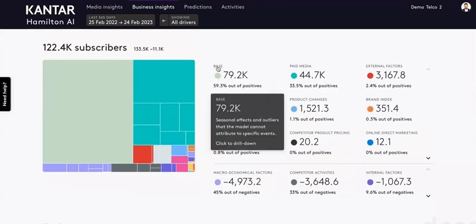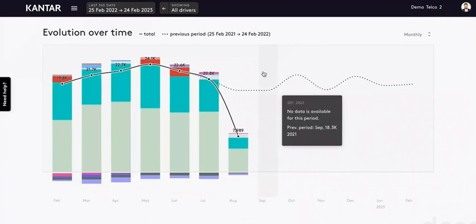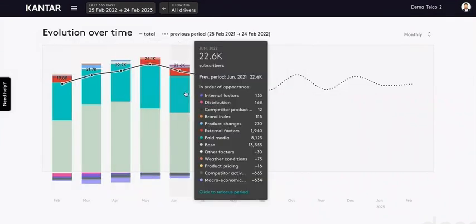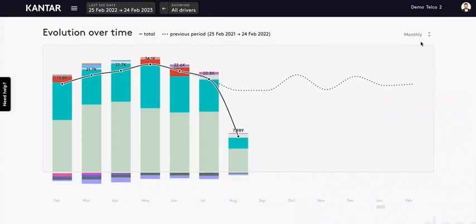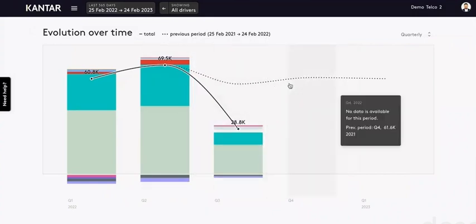This view is complemented with a temporal view below, where you are able to see all the factors simultaneously and you can see their evolution over time. You are able to benchmark this against the previous year with the dotted line here.